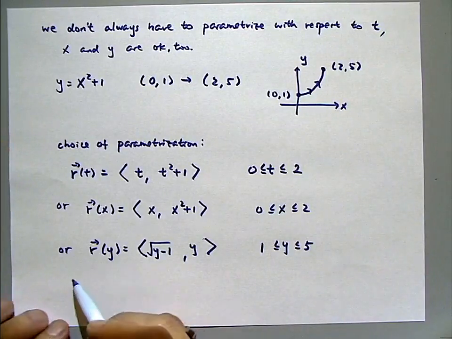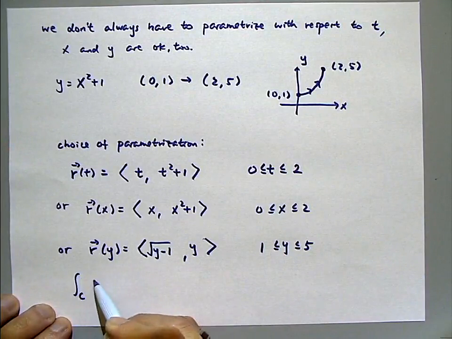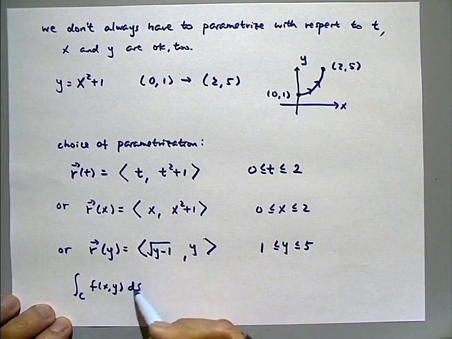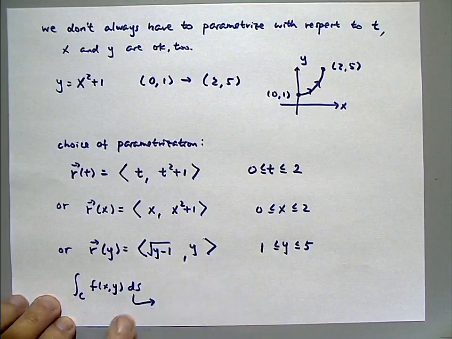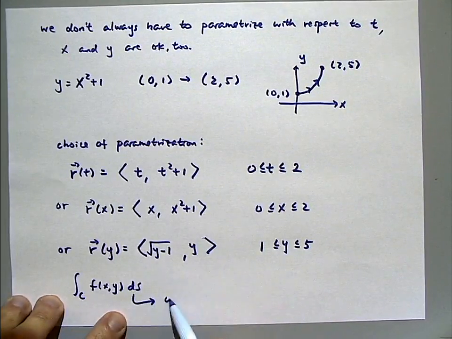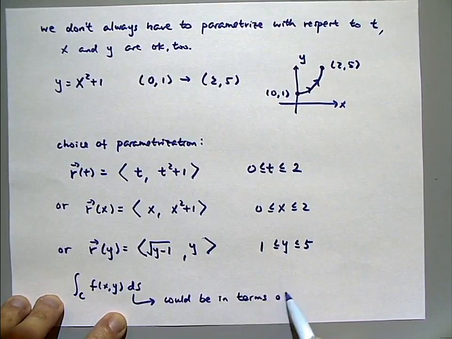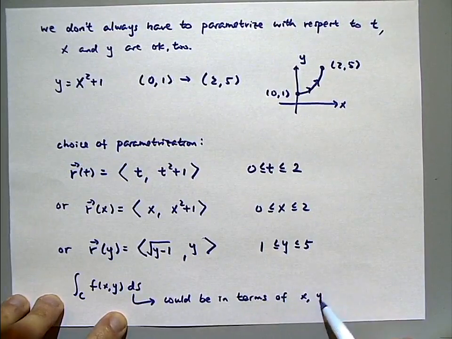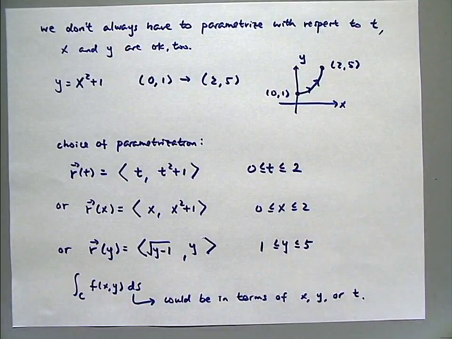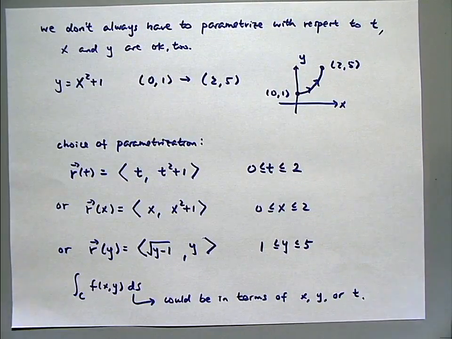So what this means is that when you do a line integral, f of x, y ds, this ds here could be in terms of x, y, or t, depending on how you parameterize the curve, which you have lots of different choices to do.